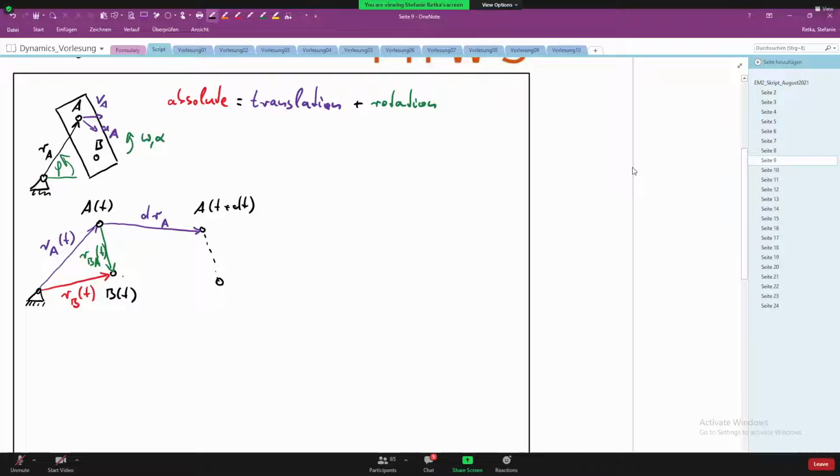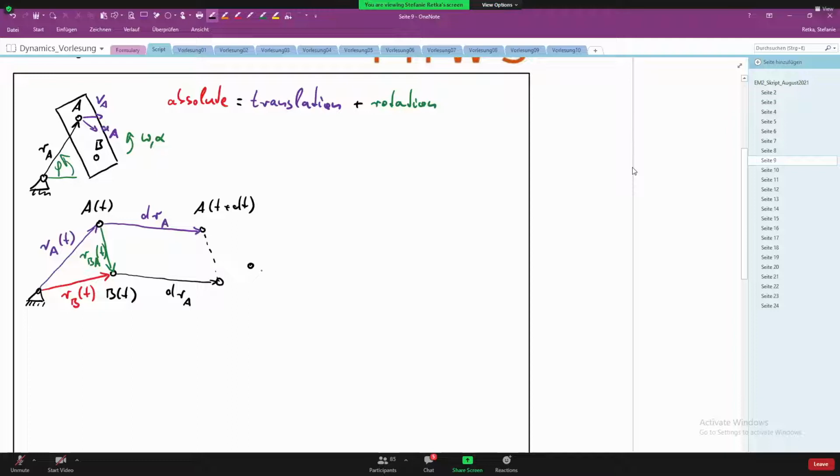Then point B has moved over here due to the same change in position. Translation means both points move identically with the same distance, velocity, and acceleration. But in reality, it's a general motion, and this point B has also rotated about point A, meaning that it's here.